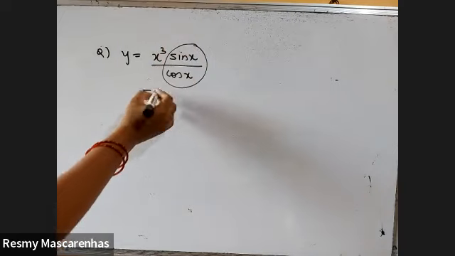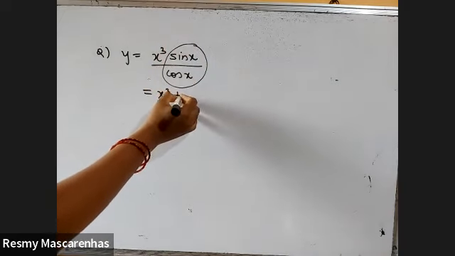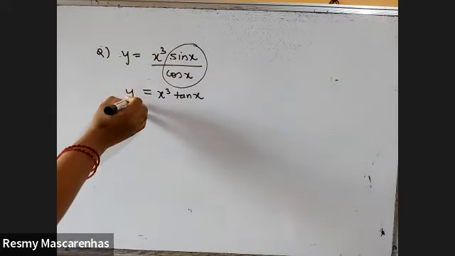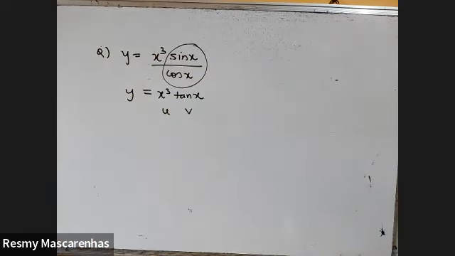What is sin x upon cos x? 10x. So instead of complicating this, this will become the u into v rule.